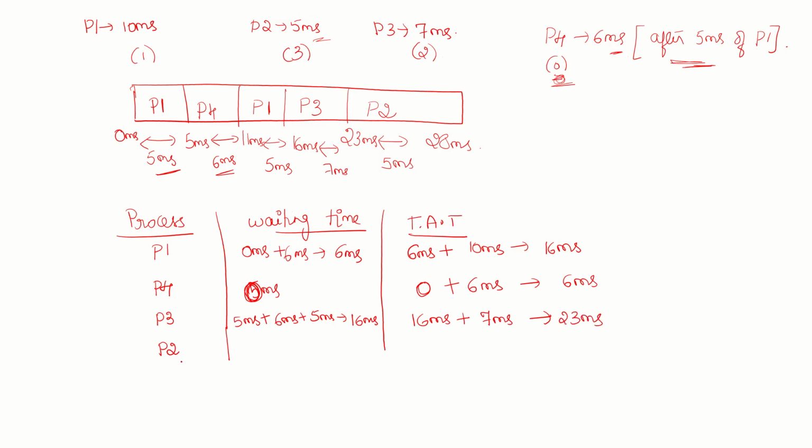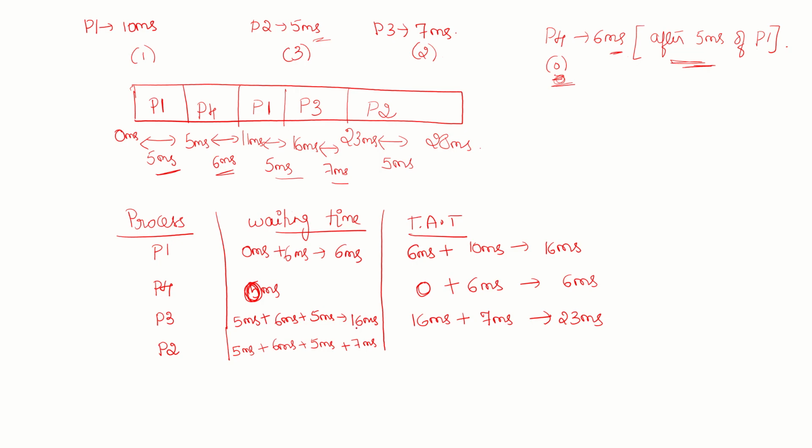Now if I want to calculate for P2, P2 waited for P1, P4 and P3 processes. So it waited for 5 milliseconds, 6 milliseconds, 5 milliseconds, 7 milliseconds. We will write that 5 milliseconds of P1, 6 milliseconds of P4, again 5 milliseconds of P1 plus 7 milliseconds of P3. 5, 6, 5, 7.